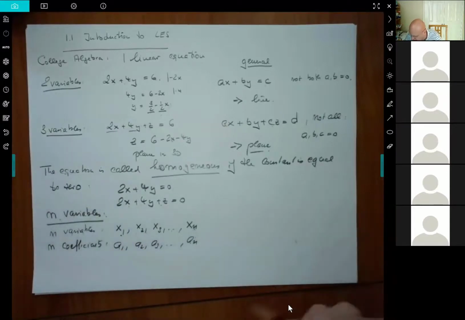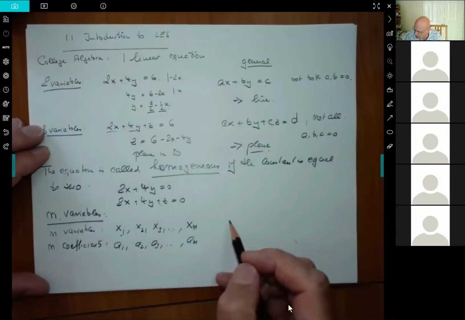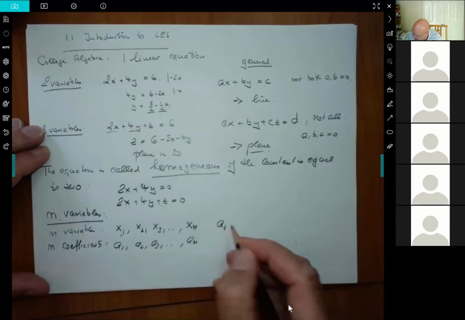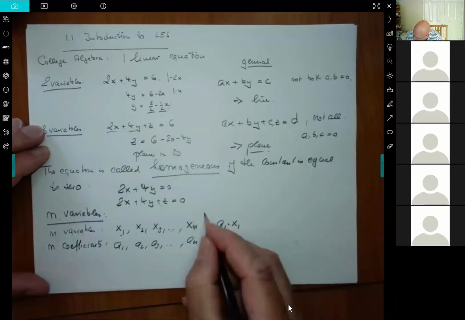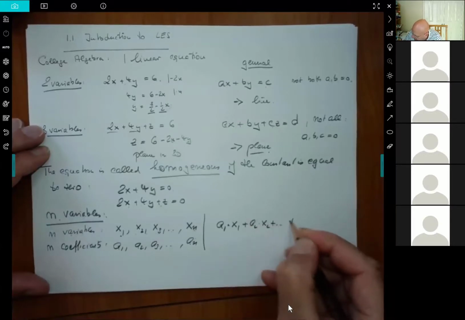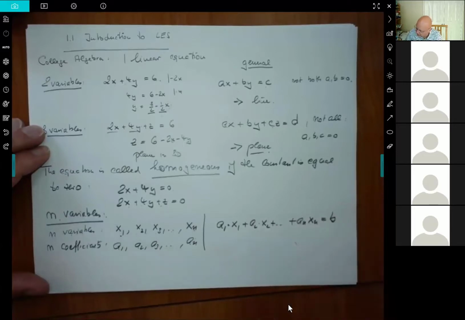There's really no other reason besides the historical one. And once we have this, we can now write down an equation in n variables. So we can say something like A1 times x1 plus A2 times x2 plus ... an xn is equal to b.